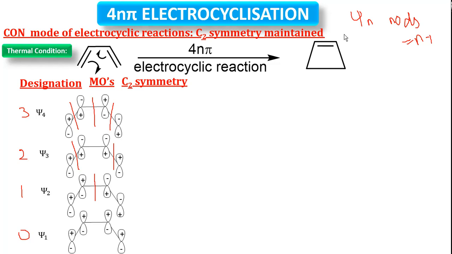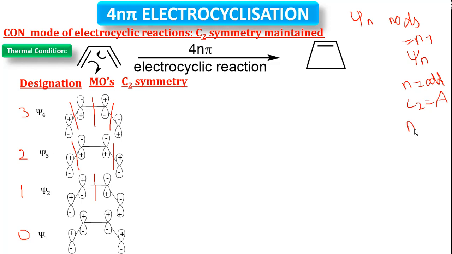Friends, here you see psi n is a molecular orbital. When n is odd, like 1, 3, then with respect to C2 symmetry the molecular orbitals are asymmetric.